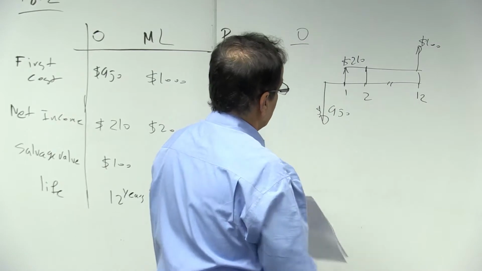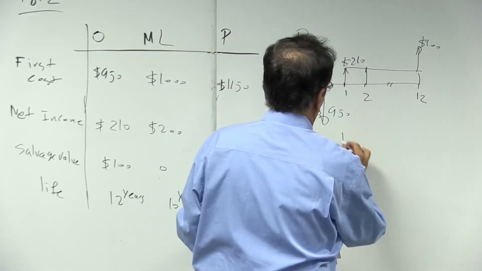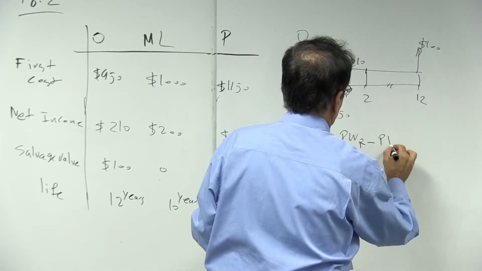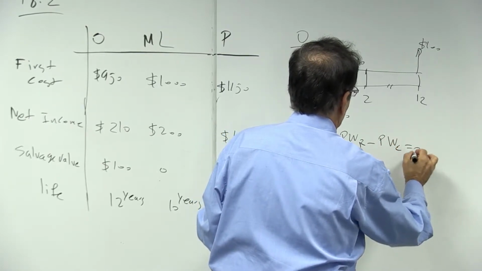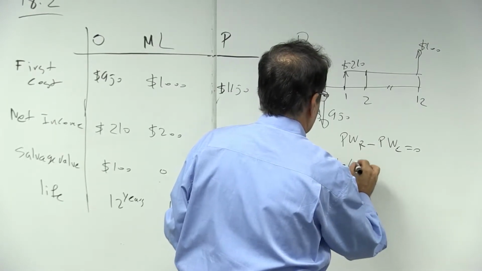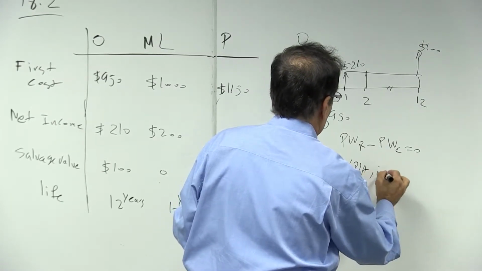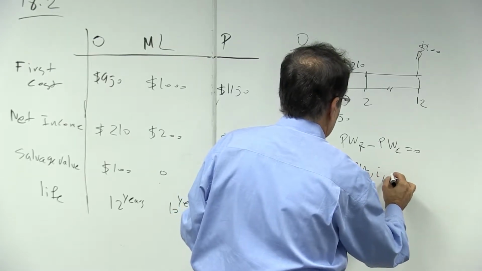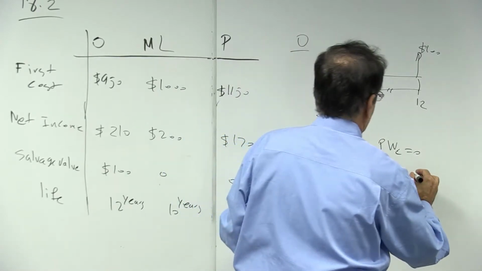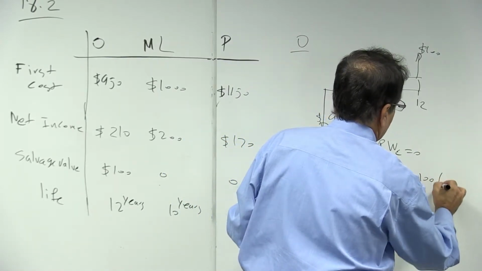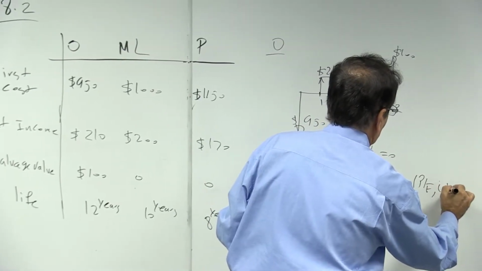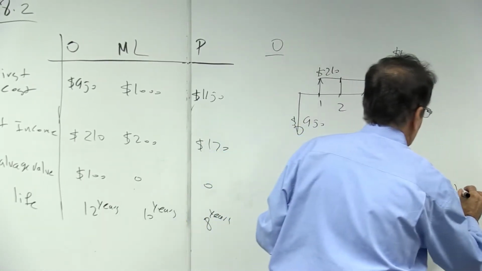If I try to find the rate of return, we have done this in the previous chapter. Present worth of revenue minus present worth of cost equals 0. The revenue is 210 (P/A, i, 12), then the salvage value 100 (P/F, i%, 12), minus the initial cost, 950.